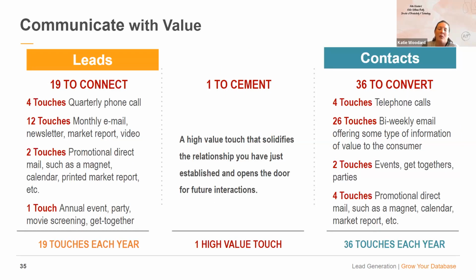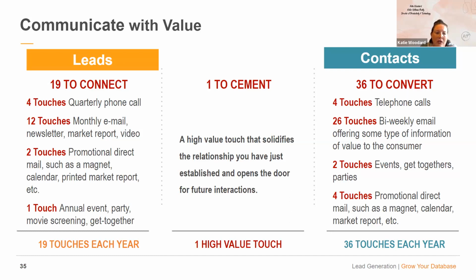All right, so we want to communicate with value with our leads, the people we have one-way communication with. This is an example of how many touches they should be getting from you. They should get 4 touches via quarterly phone call, calling them every 90 days. Command can remind you or automatically do all of these things for you.